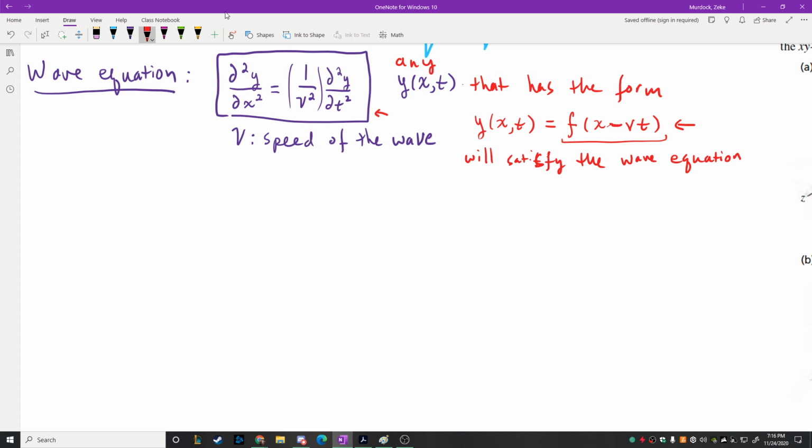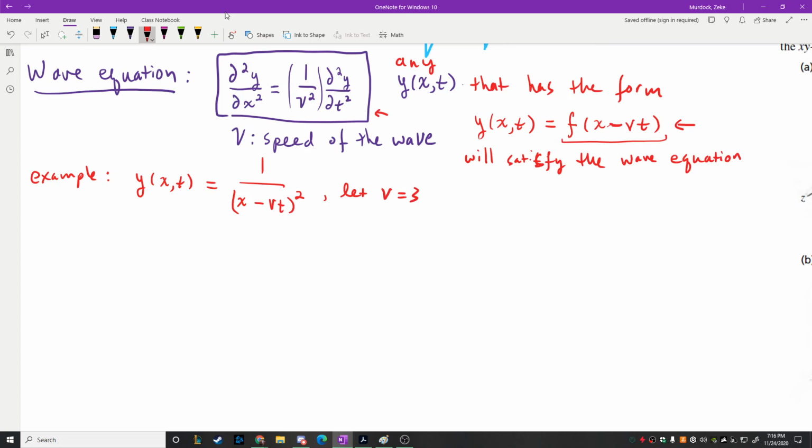Okay. As an example of such a function, y of x and t could be equal to something like 1 over x minus vt squared. And as a specific example of this, we could say let velocity be equal to 3.